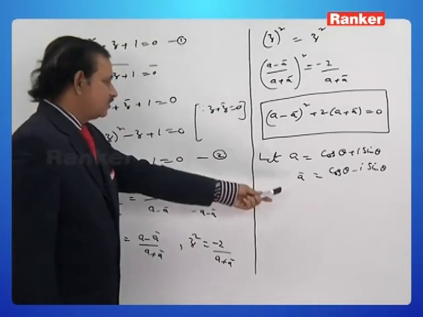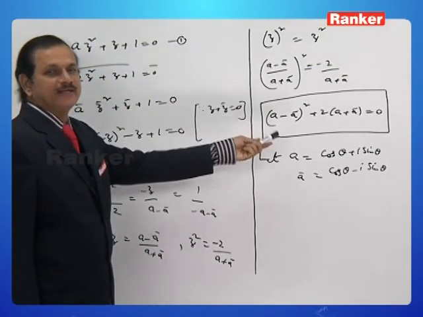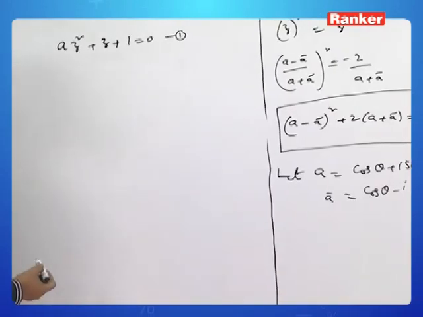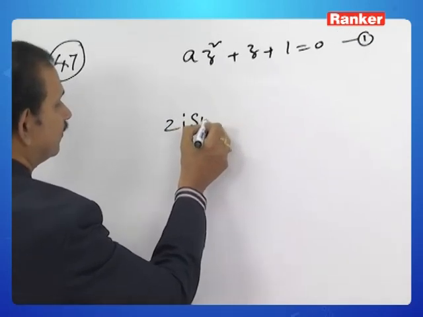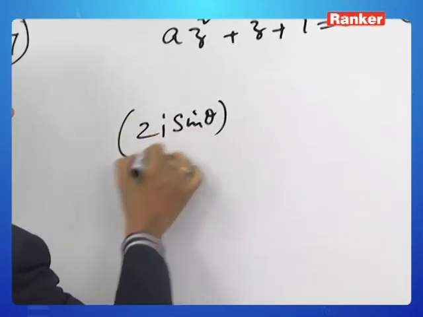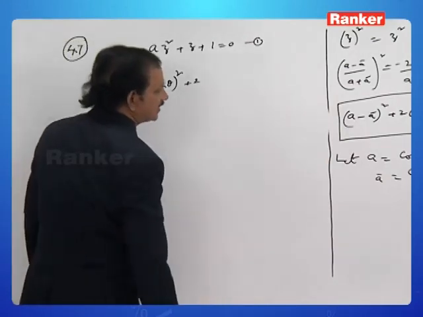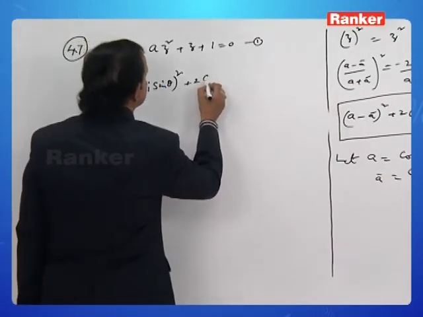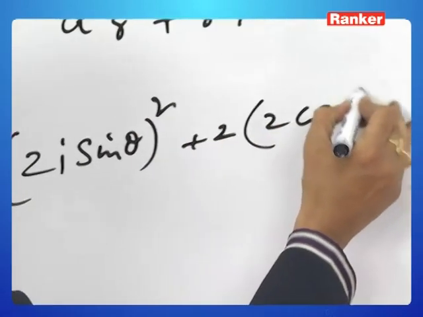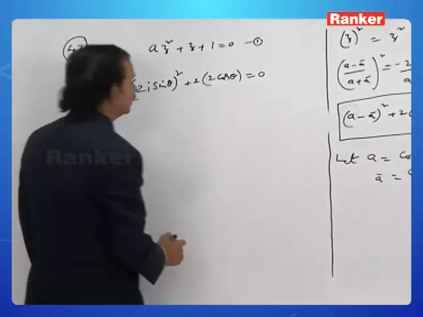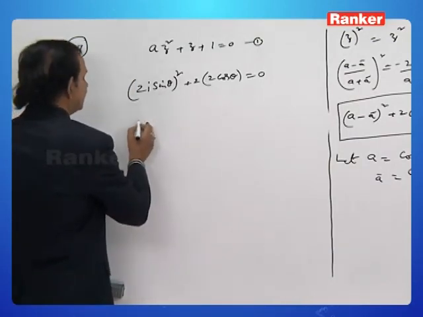Now let me substitute these two in this useful condition to get theta. What is A minus A bar? 2i sin theta whole square plus 2 into A plus A bar, which is 2 cos theta, so 2 into 2 cos theta, is equal to 0. What is 2i sin theta whole square? 4i square sin square theta.